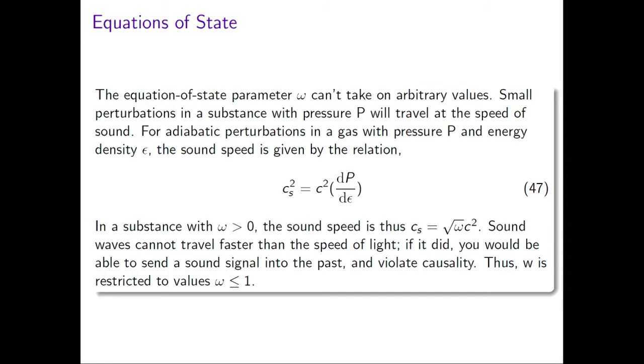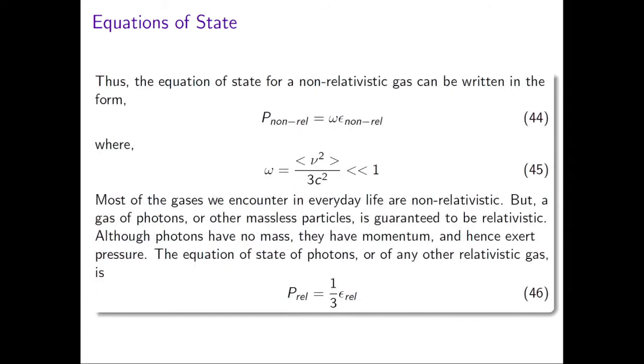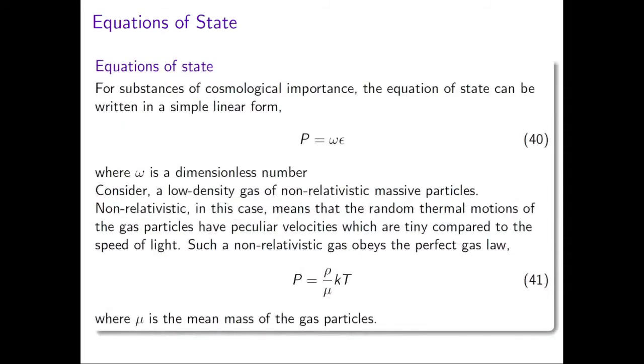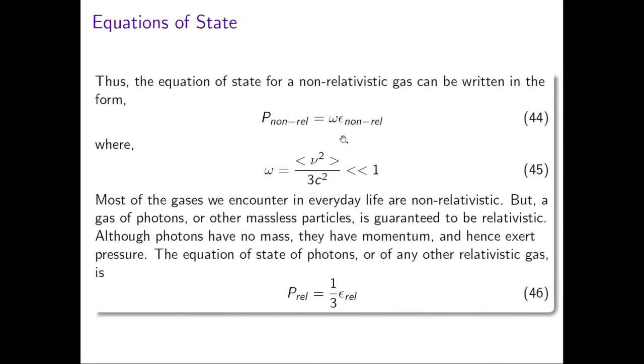These are the boundary conditions that we have to take in order to not violate the laws of causality. So why have I brought in the equation of state parameter? In the case of relativistic gas particles, we saw the relation P equals omega times epsilon, and P relativistic equals 1 by 3 times epsilon, so omega takes the value of 1 by 3.